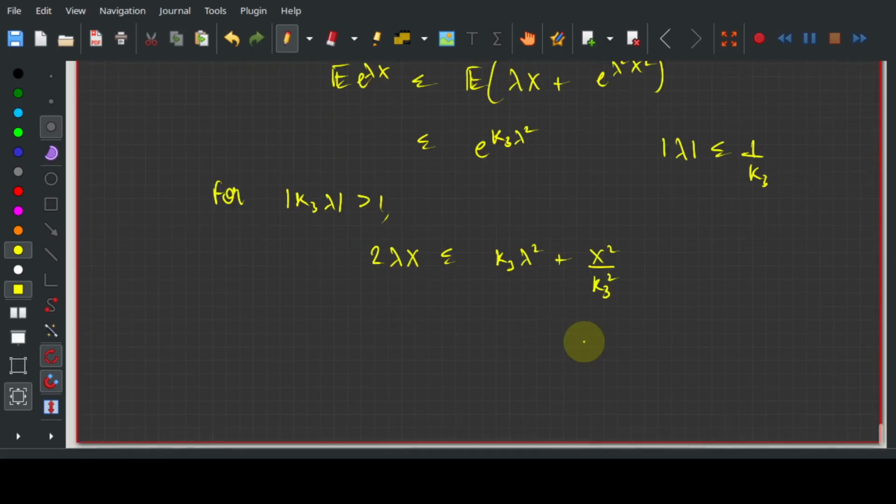This is the same as saying 0 less than or equal to k3 lambda minus x by k3 the whole square. This should also be k3 square.